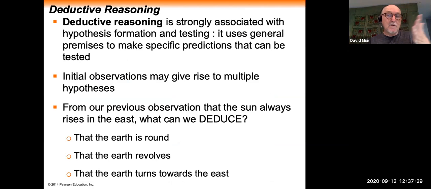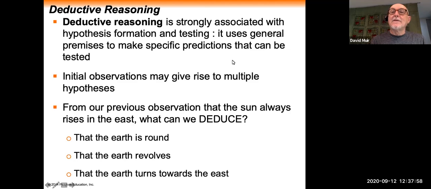So as I told you, there are different things that can be done. And I said to you that often we move to forming new hypotheses, and often by deduction. This is the second kind of reasoning. Deductive reasoning is very strongly associated with hypothesis formation and with testing and experiment, because it leads us to make specific predictions.